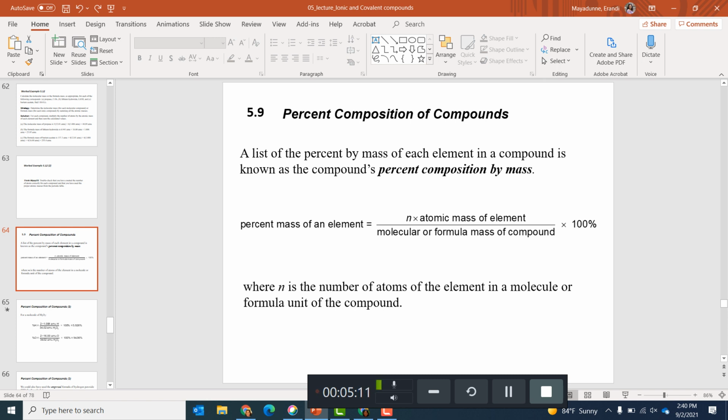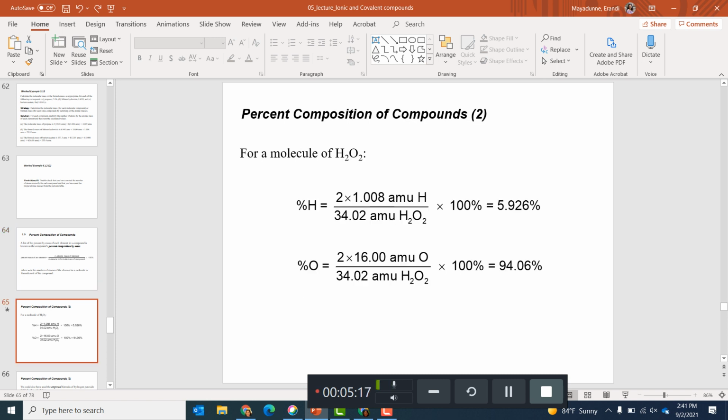And then sometimes I ask for percent composition by mass. Let's do a question. That's easy. For hydrogen peroxide, what is the percent composition of hydrogen? The mass of the whole compound is 34.02. The mass of hydrogen is 2 out of it.